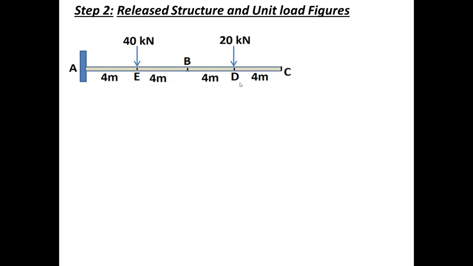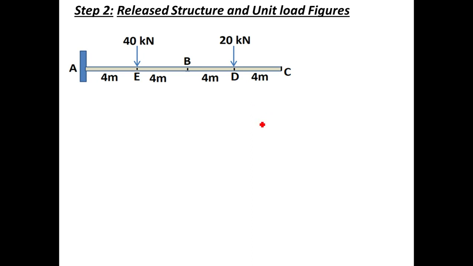Once you determine the degree of static indeterminacy, step number 2 is to draw the released structure and unit load figures. What does released structure mean? In this problem DSI is equal to 2, which represents that there are 2 additional unknowns in the given beam which make it statically indeterminate.